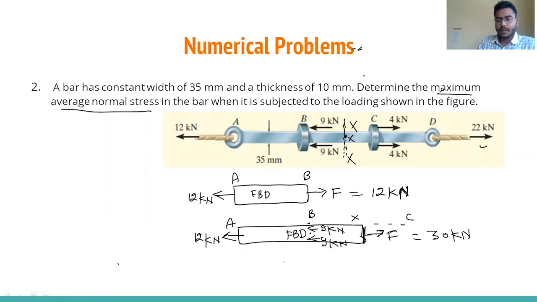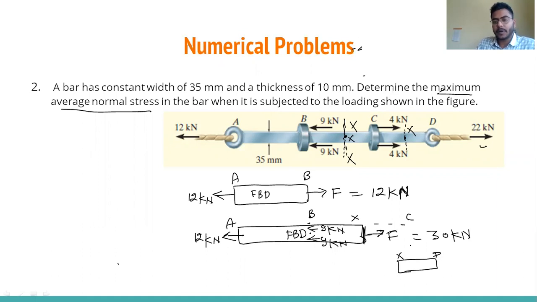Right. Now draw the free body diagram of C and some other section, giving a name like X, right? C to X. So I'm drawing a free body diagram of X, and this portion is D, right?